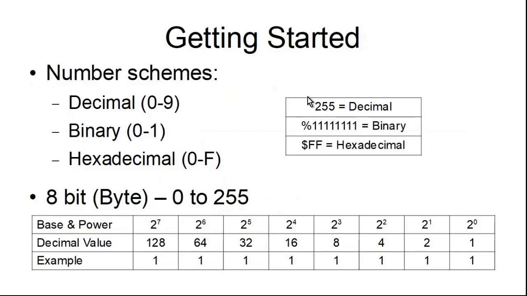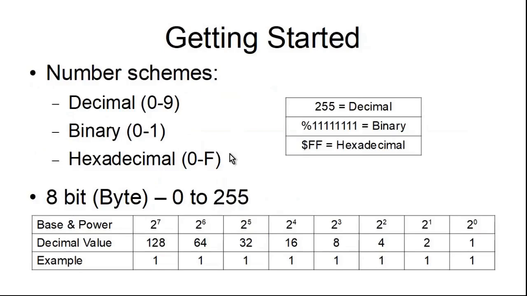That brings us to the next numbering scheme, binary. Binary is a base 2 numbering scheme, which means that the digits only go from 0 to 1. This is also commonly referred to as a bit. In this example to the right, I show that a binary number has a prefix with a % sign. The last scheme I want to talk about is called hexadecimal. Hexadecimal is a base 16 numbering scheme.